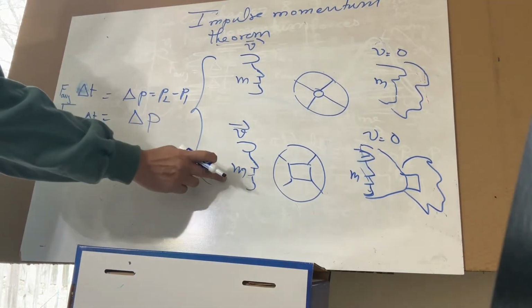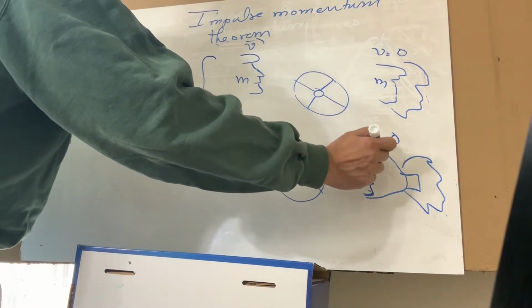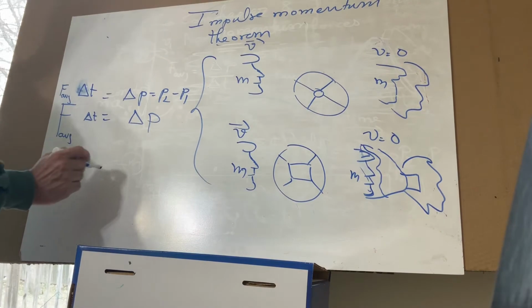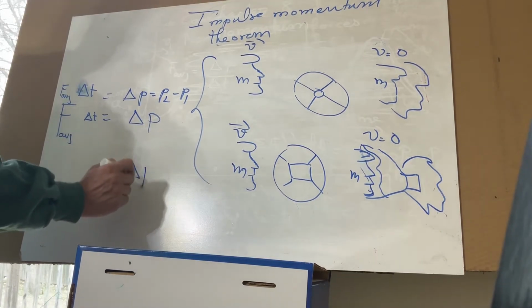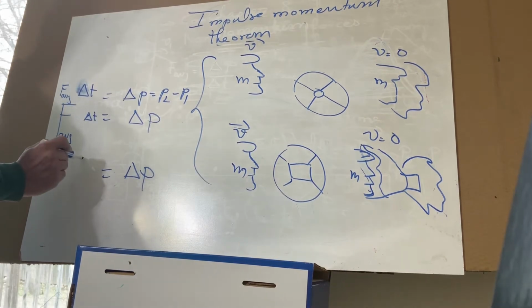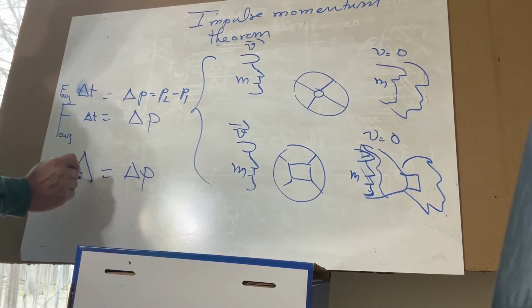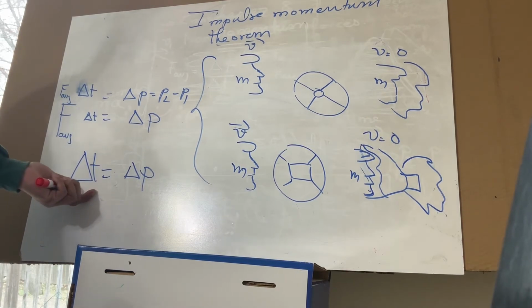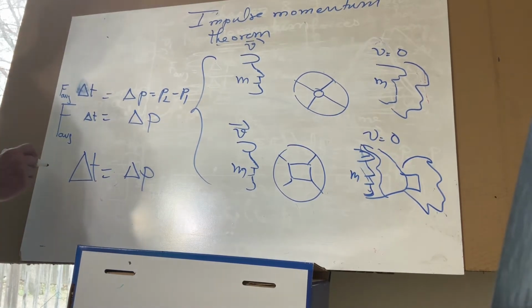What about the second case with the airbag? This is the airbag that comes on. What happens? The same change in momentum. Your head goes from the same speed to 0. But now the airbag inflates, and so the time in which your head comes to a stop is large, and therefore the forces on your head are going to be smaller.